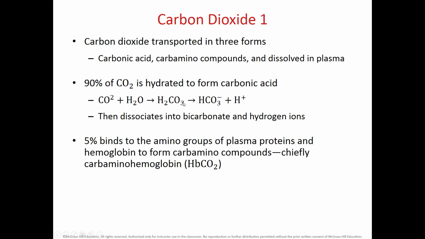Later on, this carbonic acid is dissociated into bicarbonate ions, HCO3-, and hydrogen ions. Now, when the CO2 binds to the hemoglobin, it forms the compound HbCO2 that we call carbaminohemoglobin.